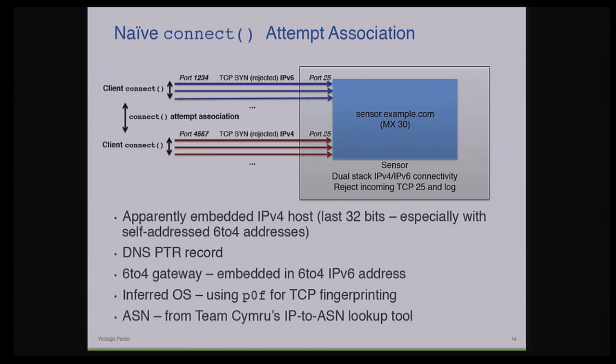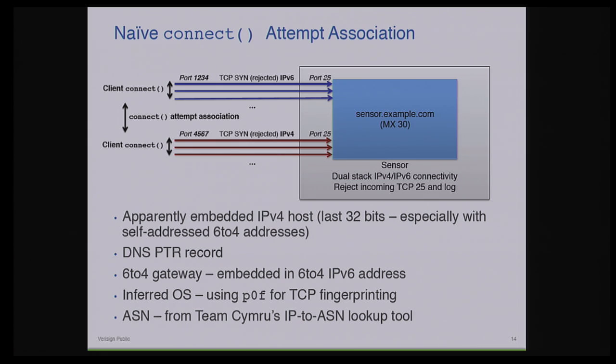The first one, which I call apparently embedded IPv4 host. Some of these are, if you have a 6-to-4 address, for example, which is the most common that we would see, where you have 2002 and then your address or the gateway address, and then a bunch of zeros, and then your host address at the end in the last 32 bits. So that was the most recognizable.